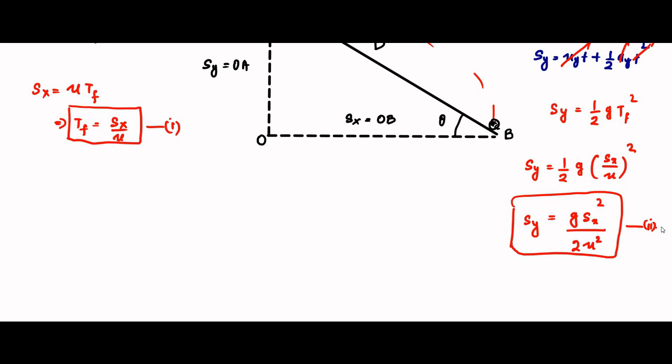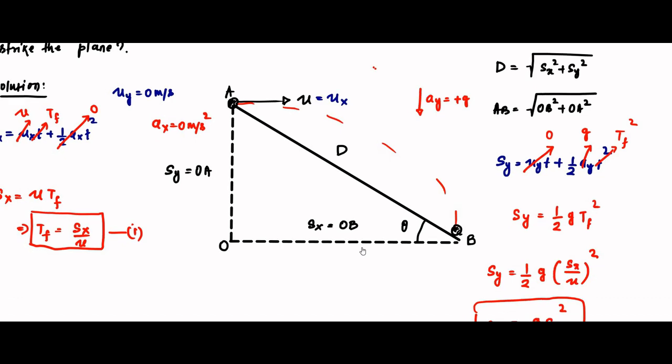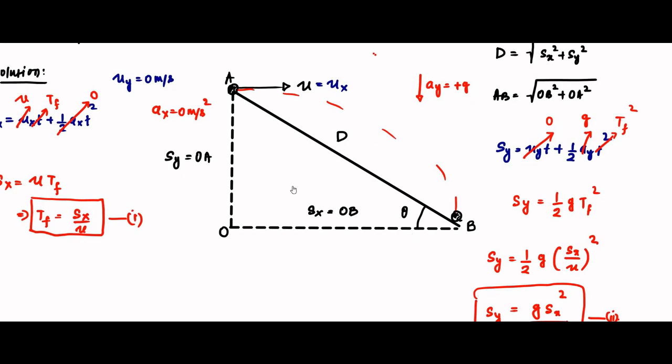Now if you see in this diagram, here tan theta is equal to OA by OB, that is Sy by Sx. So tan theta is equal to Sy by Sx.